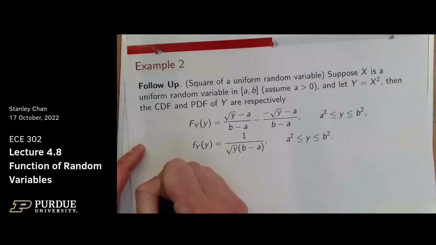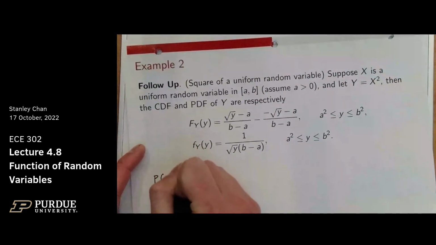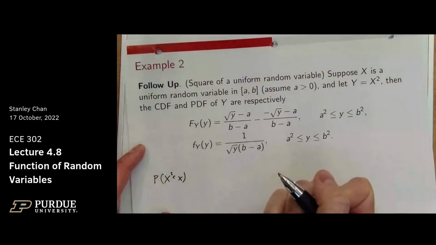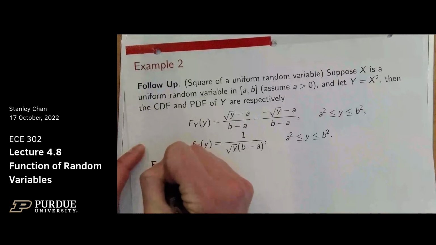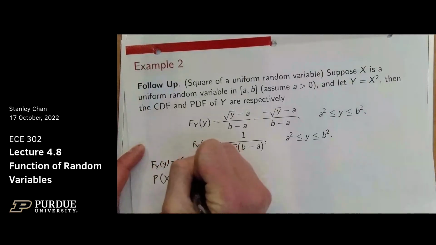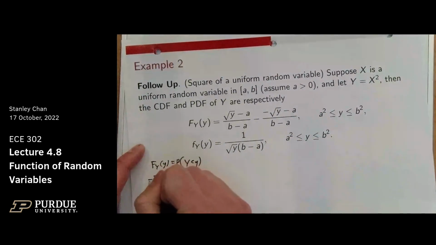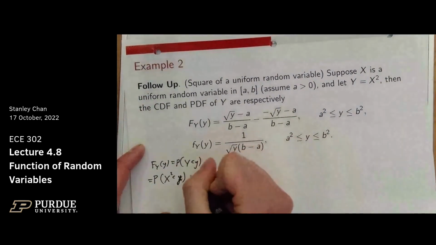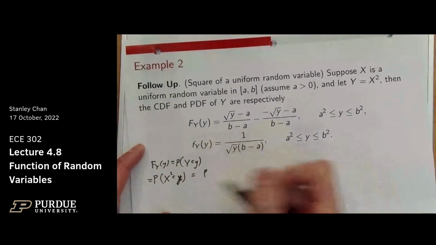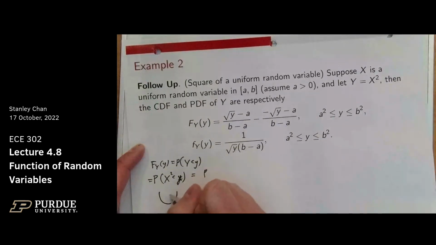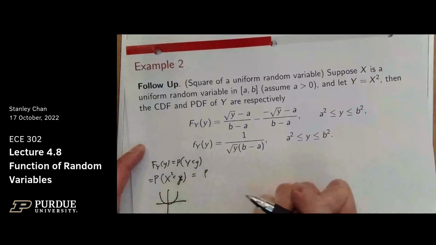So we've got this, the probability that x squared is less than y. Right here we'll do F_Y(y) is equal to the probability that Y is less than y, which is equal to the probability that x squared is less than y, which is equal to the probability, now you've got a parabola, right?